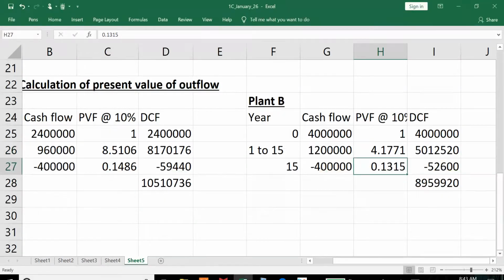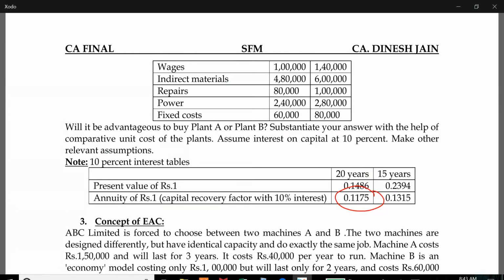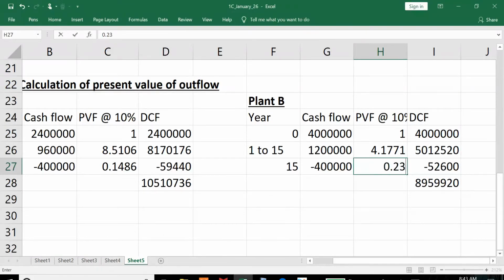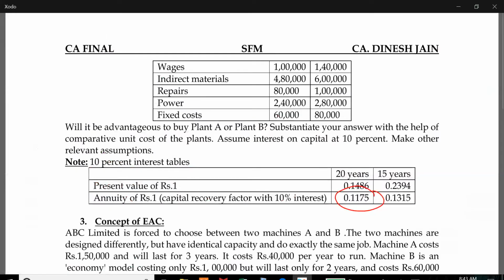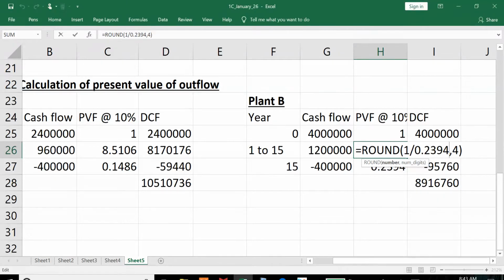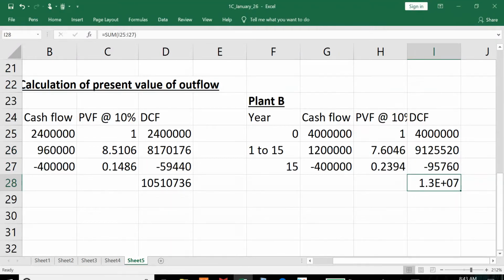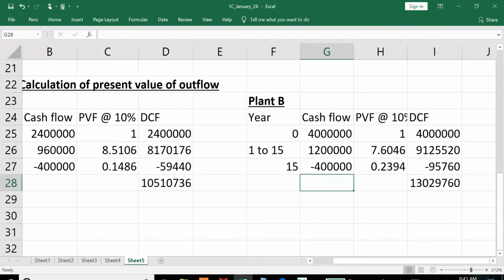Oh, sorry, I have swapped. Yeah, sorry. This is 0.2394 and this is 0.1315. Okay. So 1 crore 30 lakhs and 1 crore 5 lakhs, sorry.